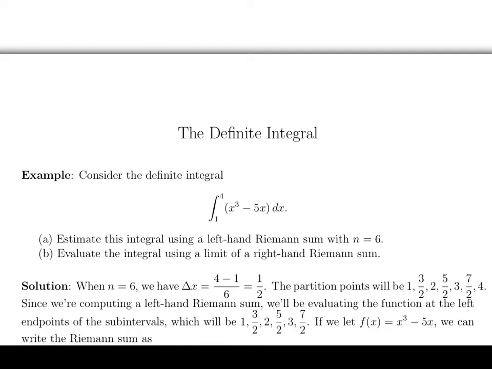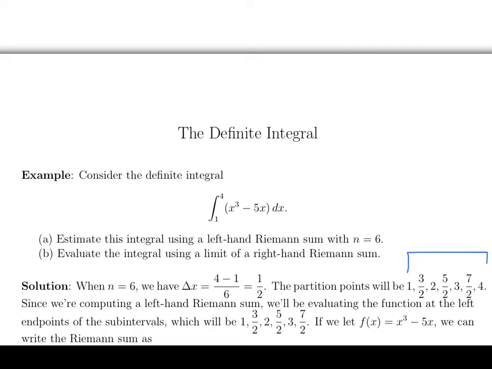We start at the lower limit, and then we just keep adding delta x. To go from 1 to 3/2, we add 1/2. Each time we move along, we add 1/2, until eventually we hit the right endpoint, which is 4, the upper limit.